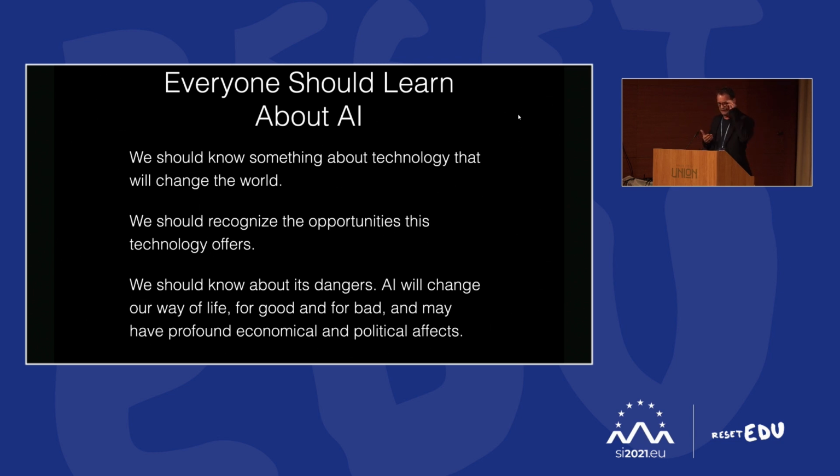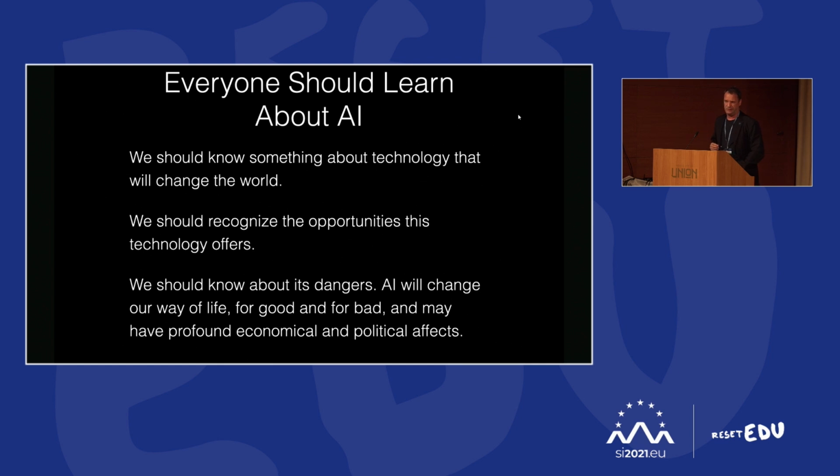If there's a defining technology that changes life, that changes this century, that affects everything that we do, maybe not everything, but most things, we should know something about that technology. We should know about the technology that should change the world.